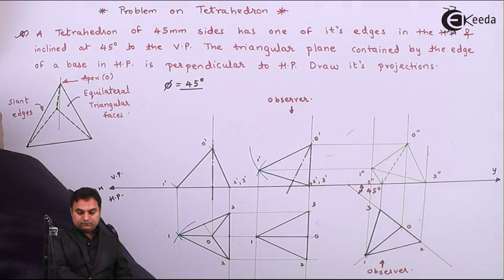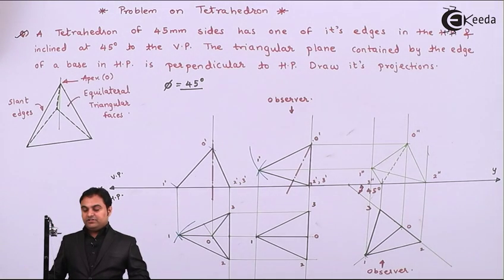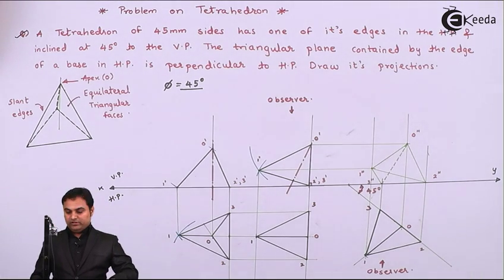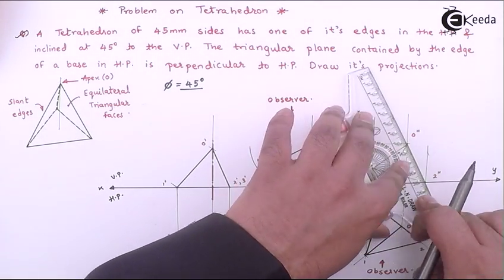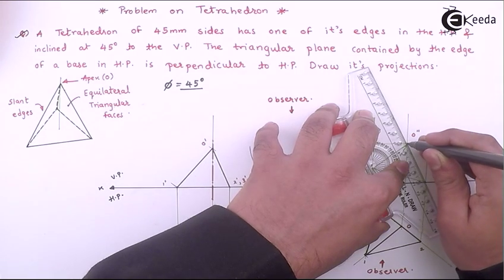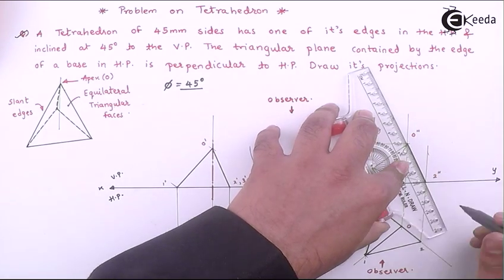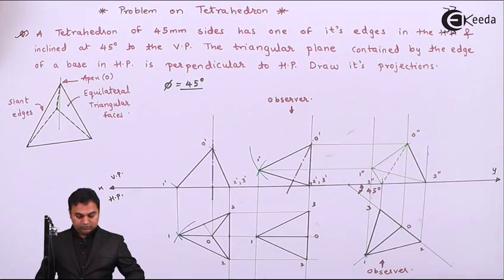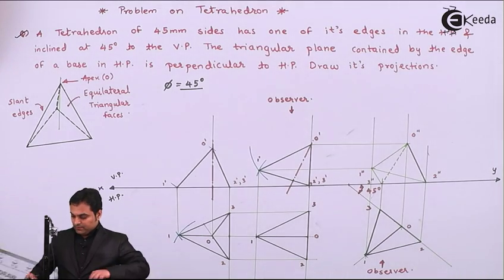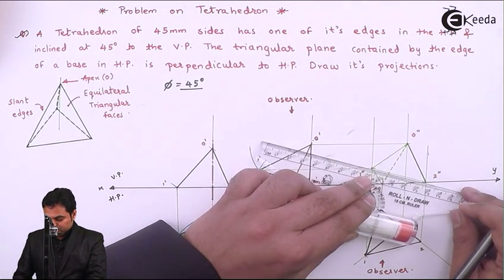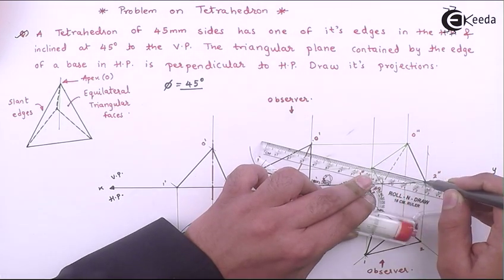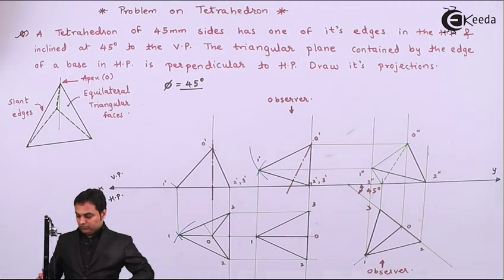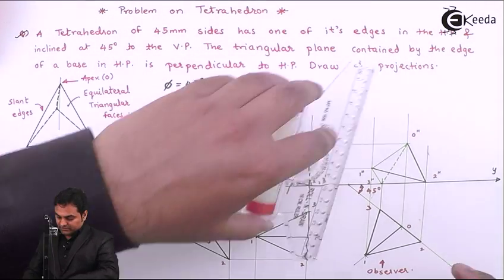After I have made this tetrahedron light, now I'll make it dark. Connecting O double dash, 2 double dash, then from 2 double dash to 1 double dash, then O double dash and 1 double dash.